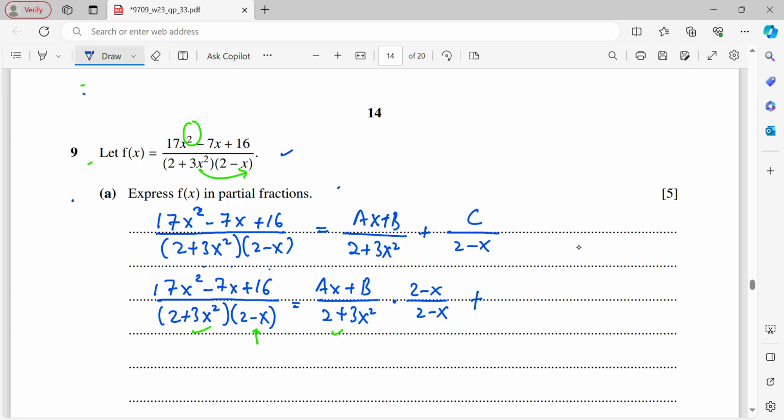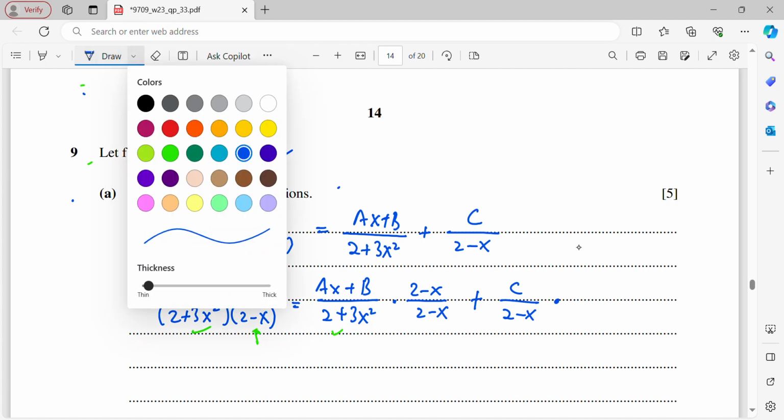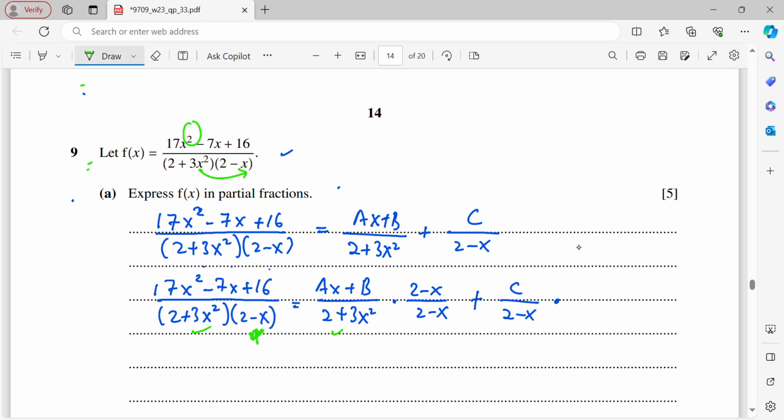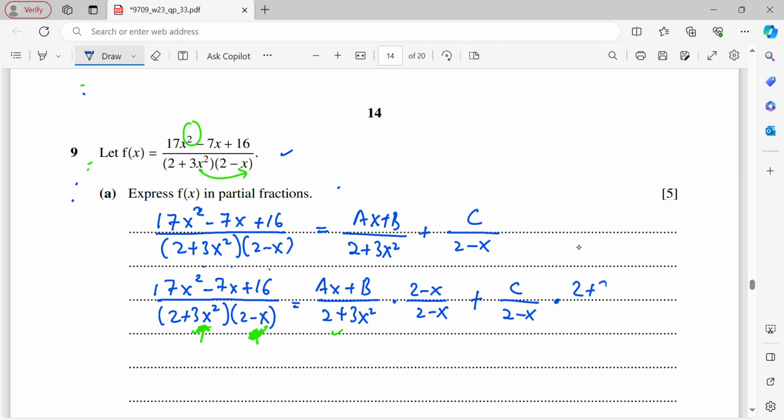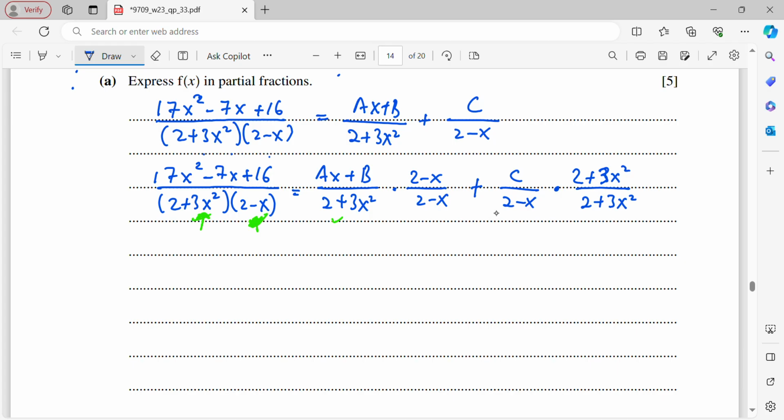Then plus c over 2 minus x, and you need to multiply by the quadratic, 2 plus 3x squared over 2 plus 3x squared. Now that we have the same denominator, we can just ignore all the denominators. Then I will get my numerators.